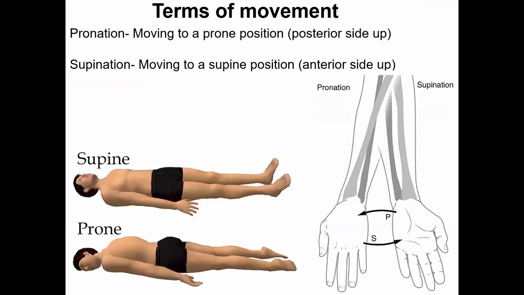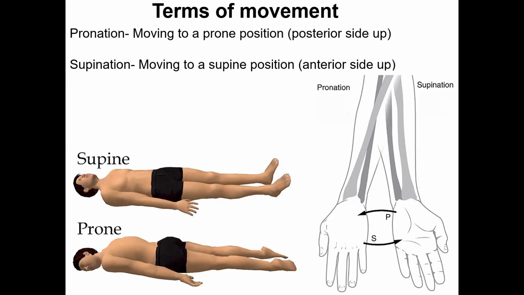muscles we'll encounter. I'll also talk about pronation and supination. These are terms not only used to describe the general body, so where the body is facing. If you're supine, you're facing the ceiling. If you're prone, you're facing downwards to the floor or on the table.